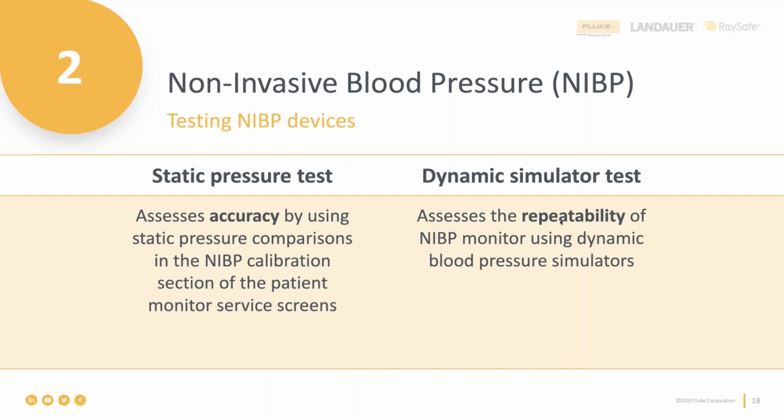And I'll explain why. The static pressure test is performed statically at different reference pressure levels in a large range of pressure to make sure that the device actually inflates to a high enough pressure as well.